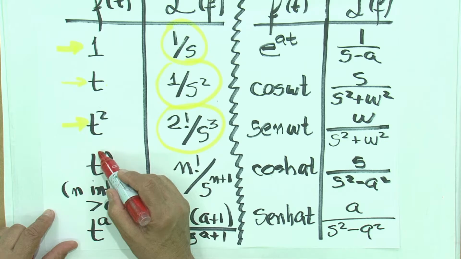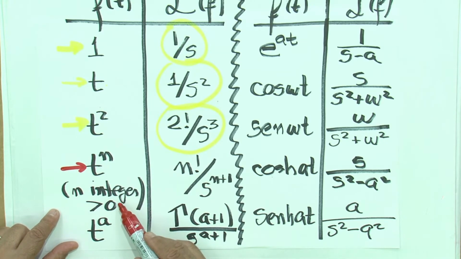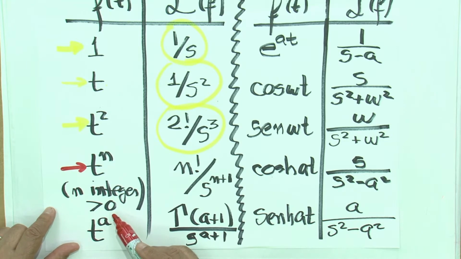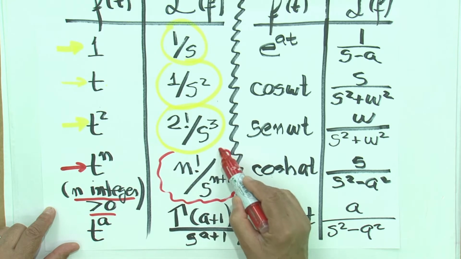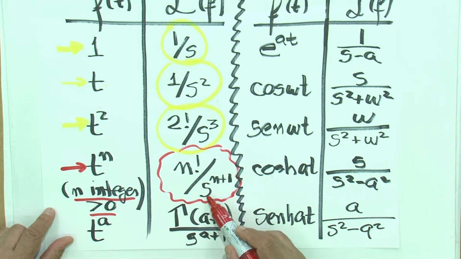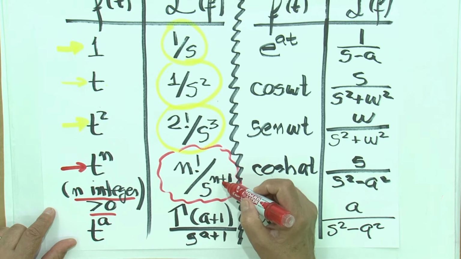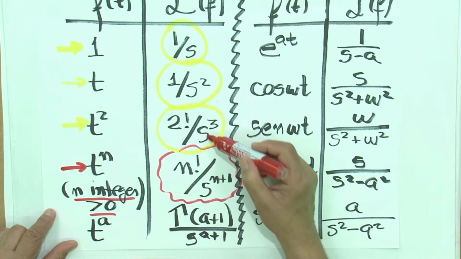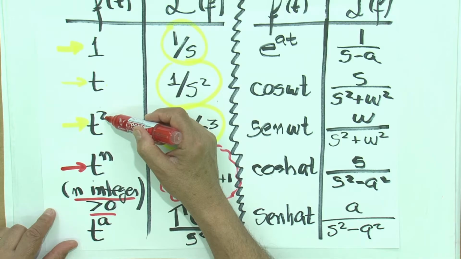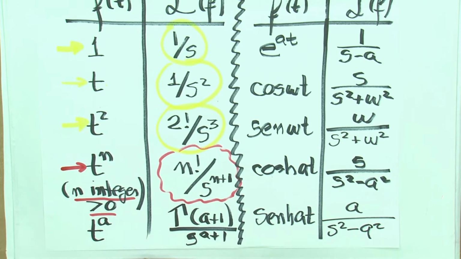And each term that depends on t to the nth power, with n being an integer bigger than 0, this is an important restriction here, we get a Laplace transform that's n factorial divided by s to the n plus 1. Right? Yeah, we all know when we integrate, we always get an extra term in the exponent. That's why this is always one unit higher than the exponent of the power that we have.